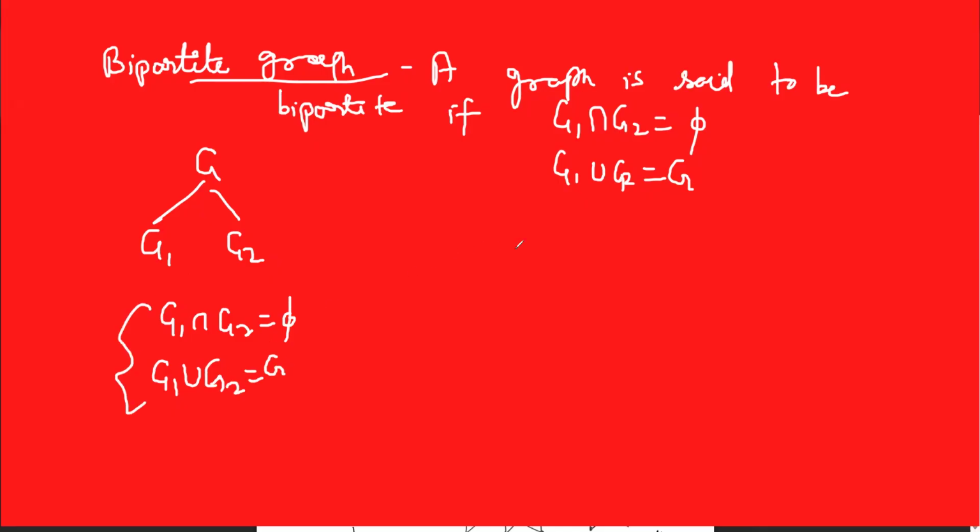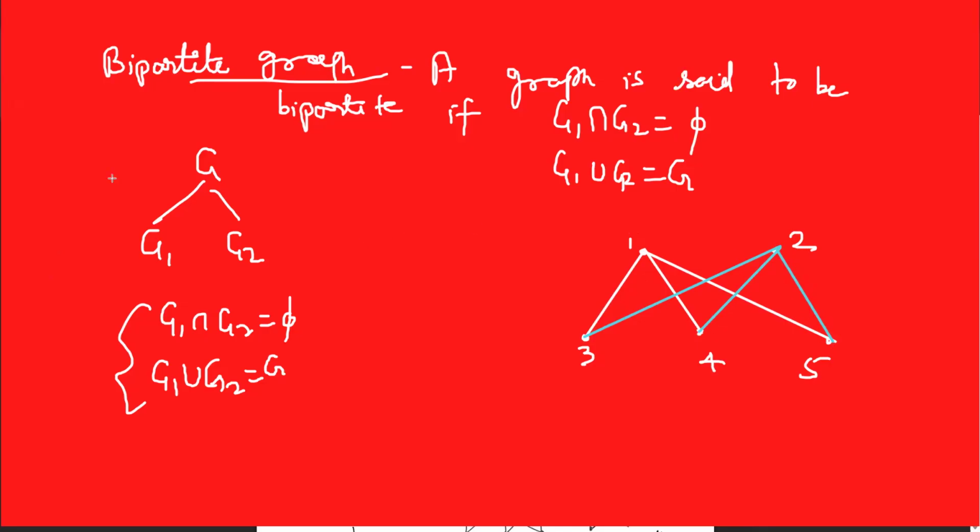For example, this is 1, 2, 3, 4, 5. So this is a graph.